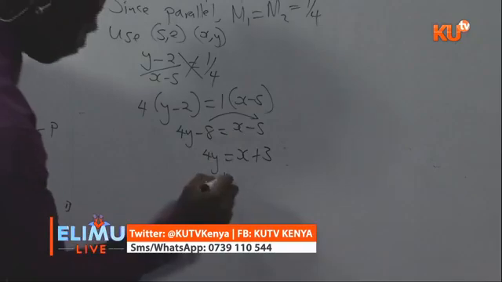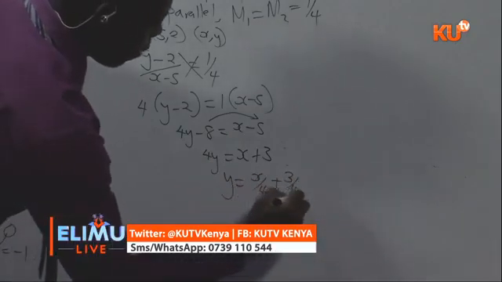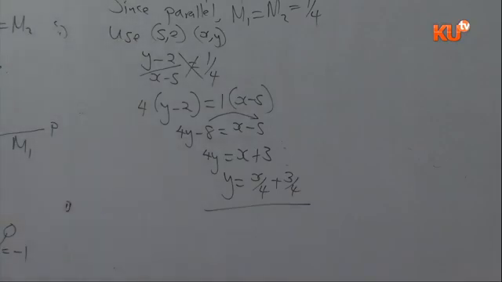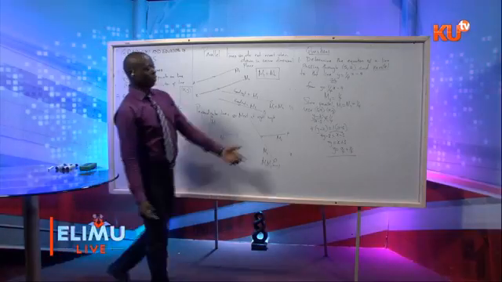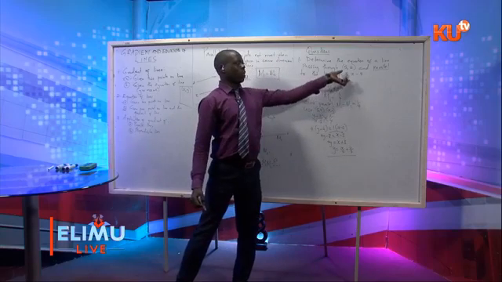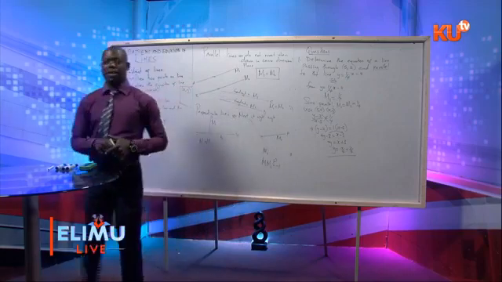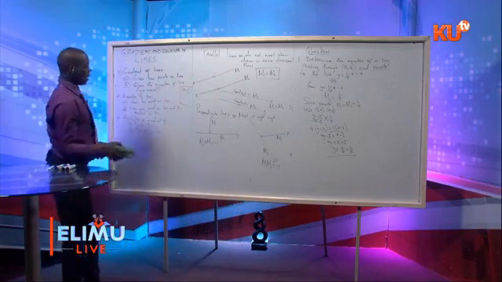So we divide by 4, y becomes x/4 + 3/4. So that is the equation of that line. Again, you will see in this equation, the gradient is a quarter. So that is how we apply the two given parallel lines.